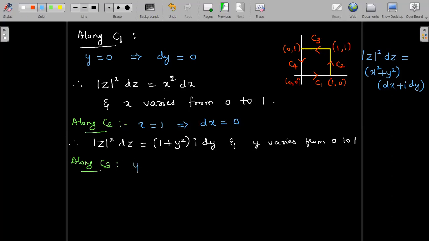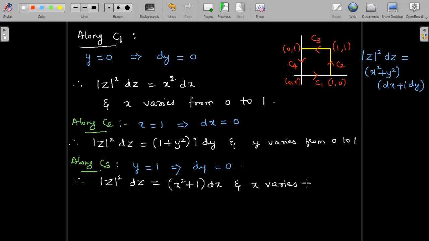So along C3, the equation is y is equal to 1. If y is 1, I can write down that differentiation dy is equal to 0. Differentiation of a constant is 0. Then what happens to mod z square dz? Let us write down. Since y is 1, I retain this x square as it is plus 1 into dx. And we have to write limits for x, no?